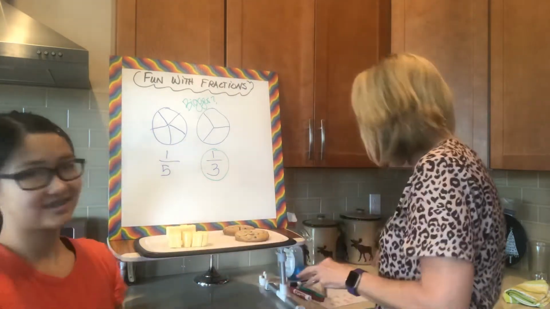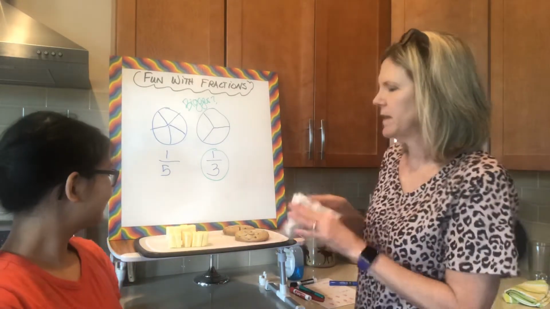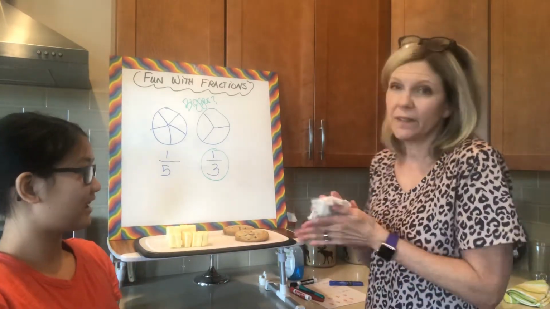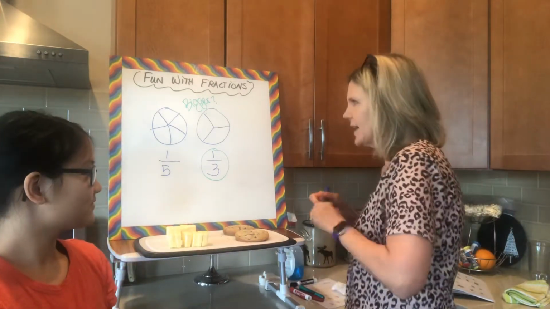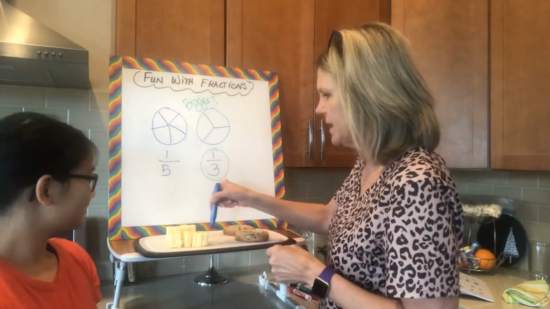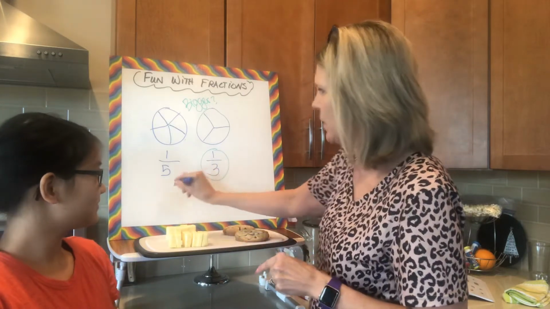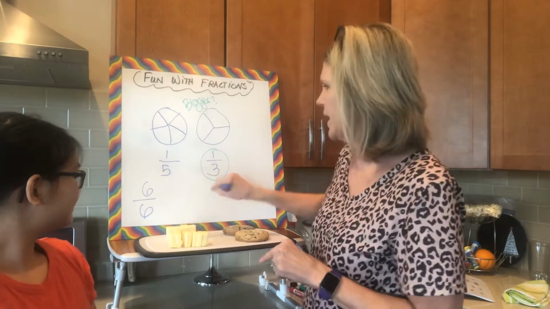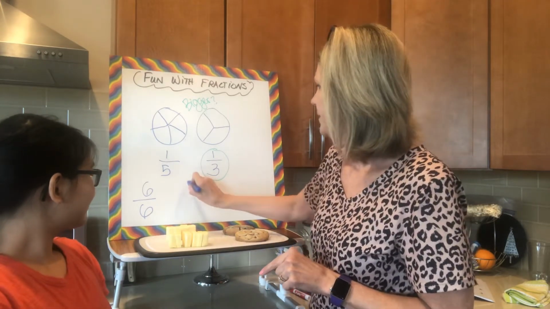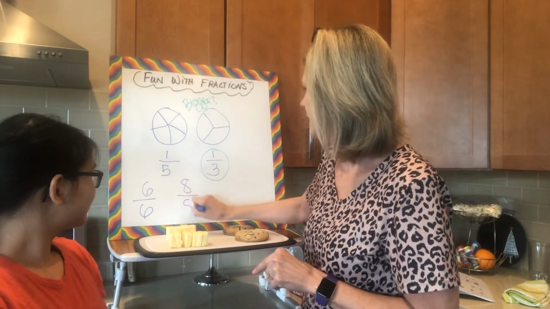So, 6. So we have, how many there? 8. 8s, and then we have 6. So again, how many 6 pieces does it take to make a whole? 6. 6 equals a whole, and then here we have how many pieces? 8 eighths. We have 8 eighths.